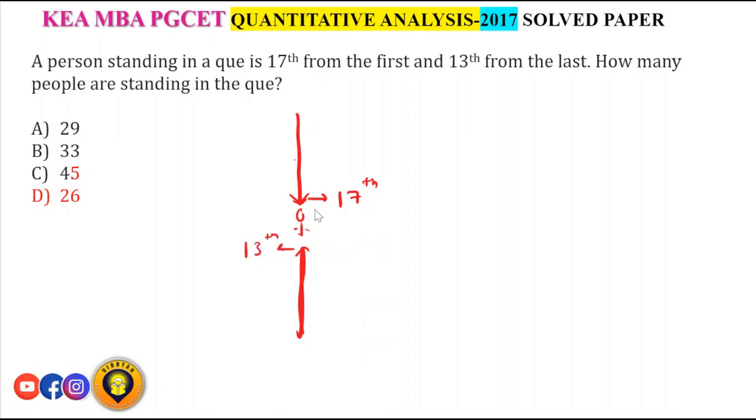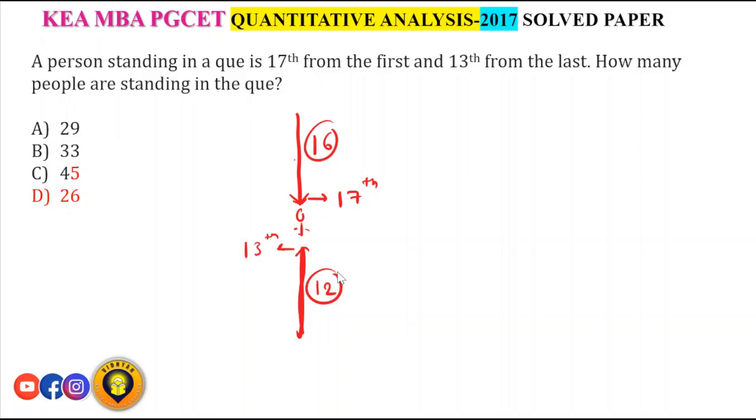Got it? So it means 17th person from the first is this man, and 13th person from the last is also this person. So how many people are standing in the queue? See, from the first, he is the 17th person. That means before him there are 16 persons, right? And from the last, he is the 13th person. That means behind him there are 12 persons.